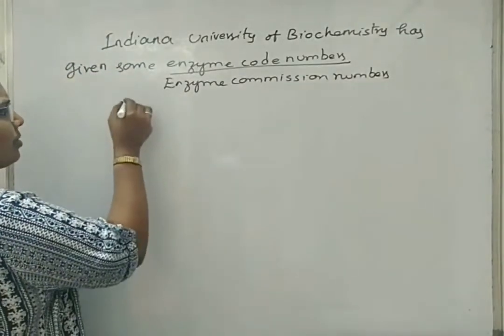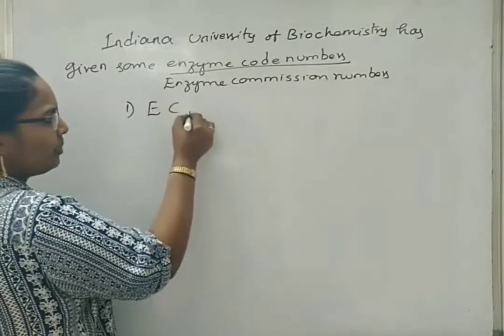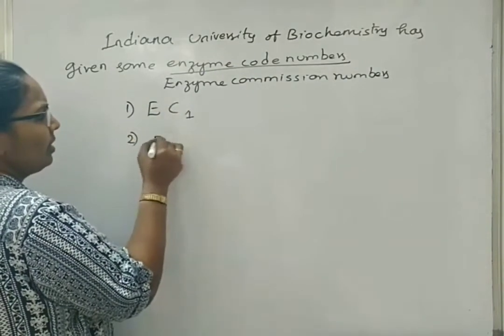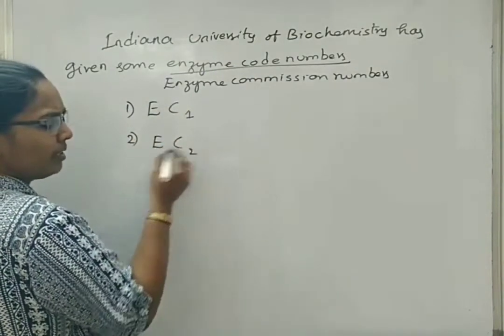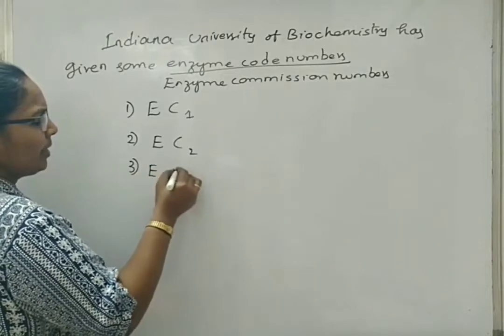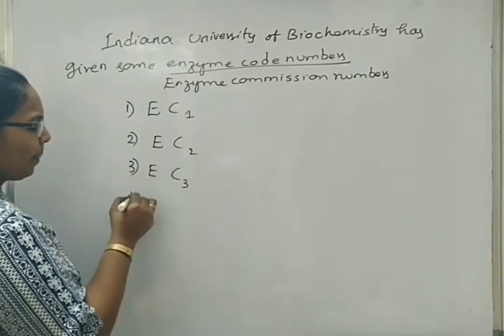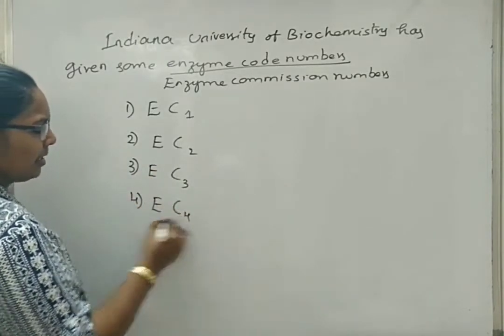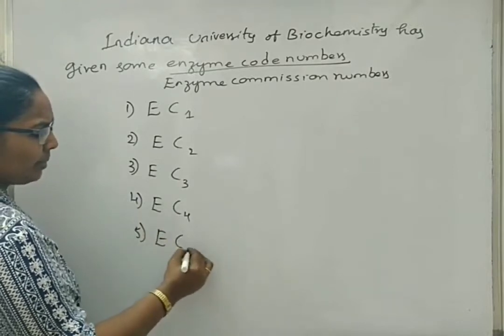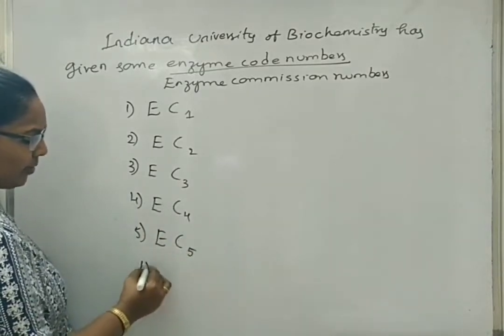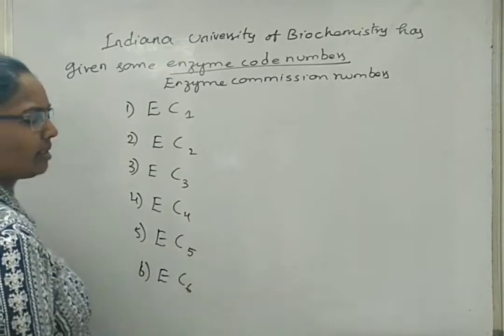It is considered as a type of classification: EC 1, EC 2, EC 3, EC 4, EC 5, and the sixth one, EC 6.